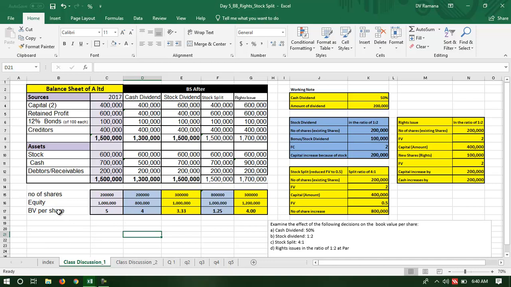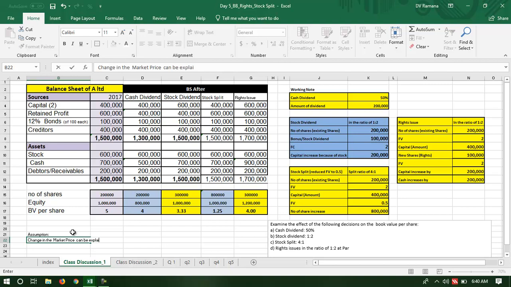And we are examining the book value per share because we made an assumption that the change in the market price of the shares, that means the price at which the shares are traded, can be explained by the book value per share.